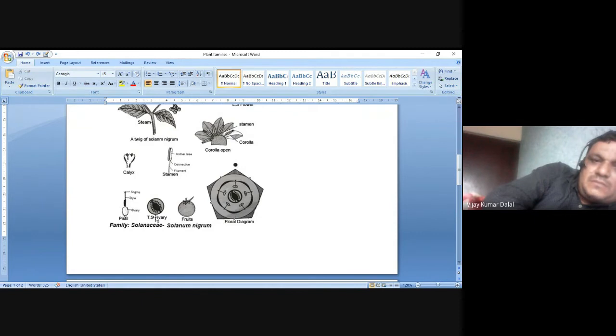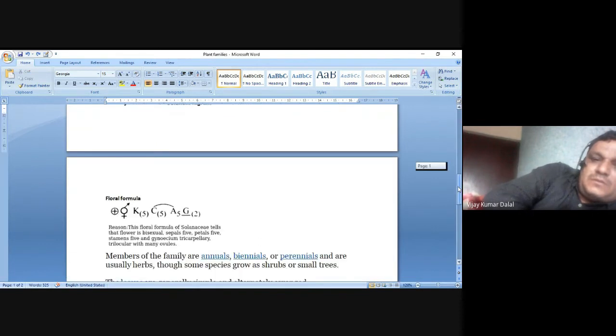This is TS of ovary. A very important feature of this family is that the placenta is obliquely placed. There are two carpels separated by an obliquely placed placenta, and this fleshy placenta contains all the ovules. This is the fruit. Fruit is usually a berry or sometimes a capsule.